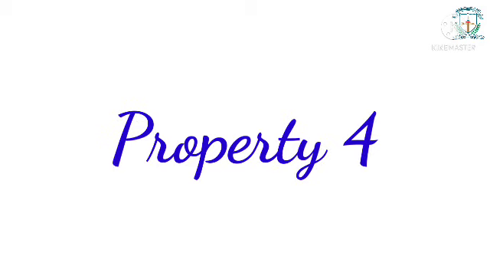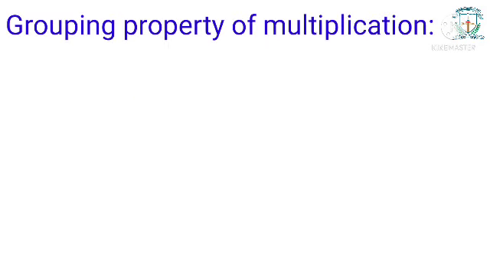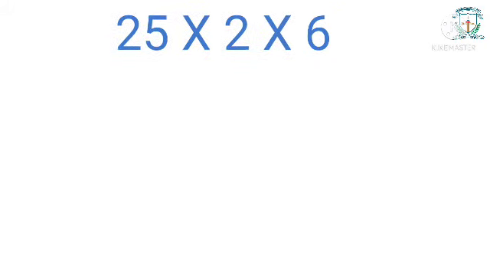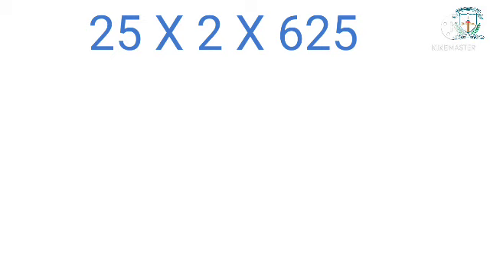Property 4. Grouping property of multiplication. While multiplying more than two numbers, any change in the grouping of numbers does not change the product. For example, multiply 25, 2 and 625.